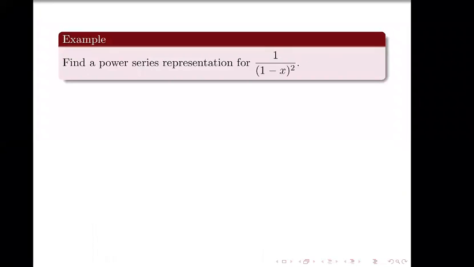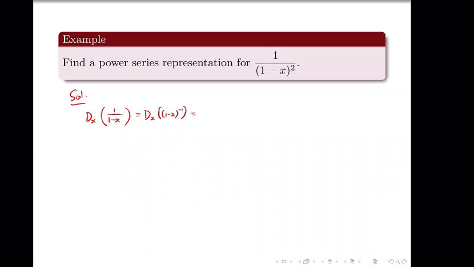For example, find the power series representation for 1 over 1 minus x quantity squared. Solution. If we get the derivative with respect to x of 1 over 1 minus x, so this is just the derivative with respect to x of 1 minus x raised to negative 1.